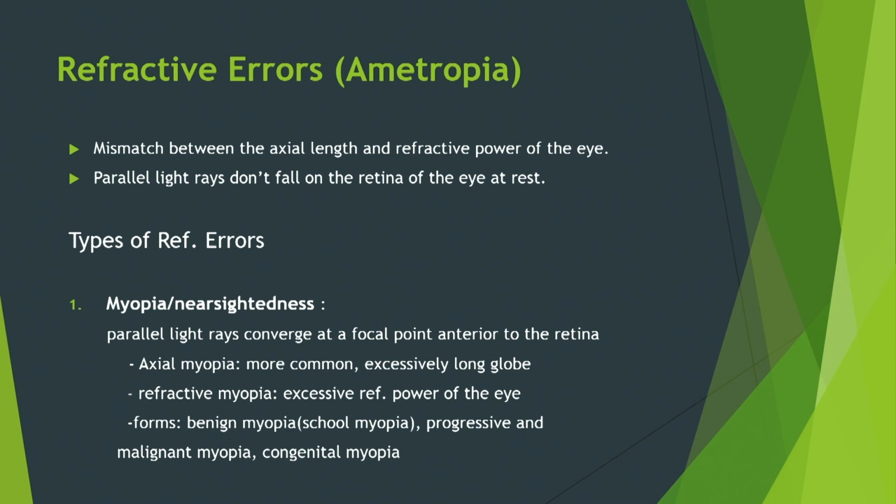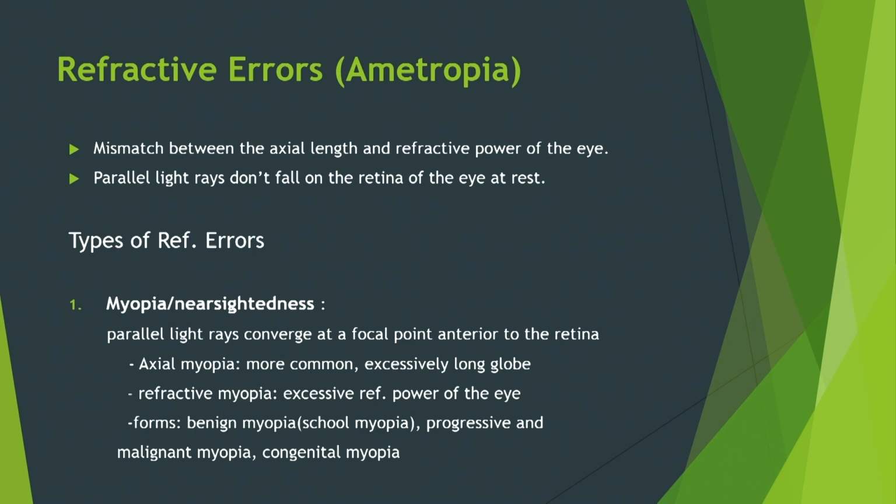In emmetropia, parallel light rays, when there is no accommodation, fall onto the retina, making the image. When you have a refractive error, the rays will not fall onto the retina in the non-accommodative state.